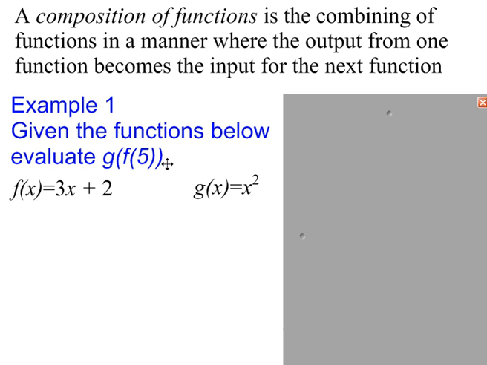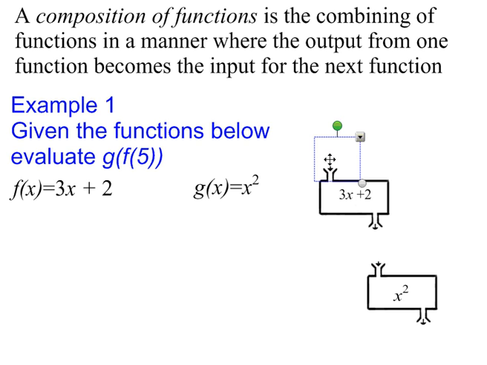So let's just think about what this g of f of 5 business means. What it means is that we're going to input 5 into f, and that's going to output something. We're going to use that output and input it into g of x, and then that's going to output our final result.